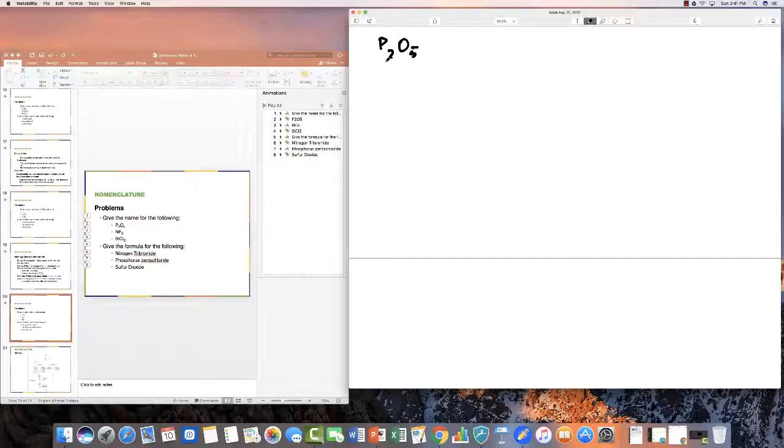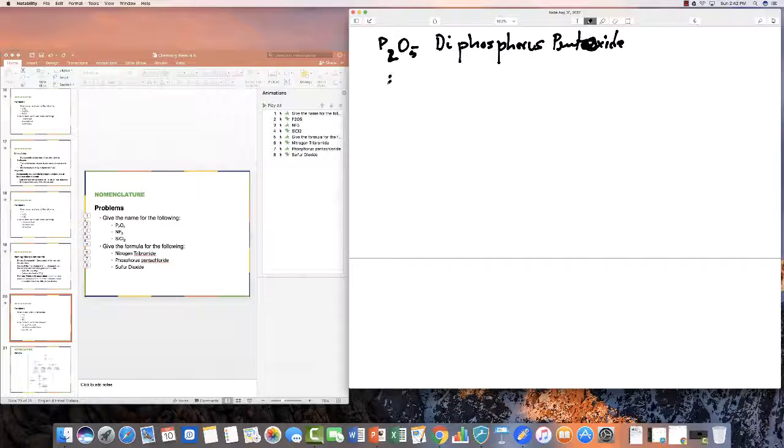The first one here is P2O5, and this is actually interesting because you have both requiring a prefix. So in this case, you have diphosphorus pentaoxide, or pentoxide. This a is not necessary. It's just pentoxide.